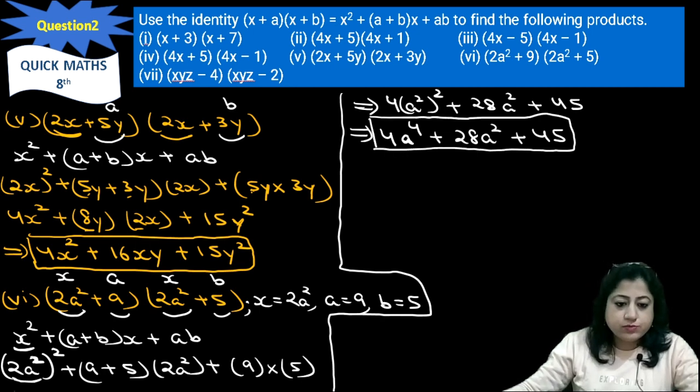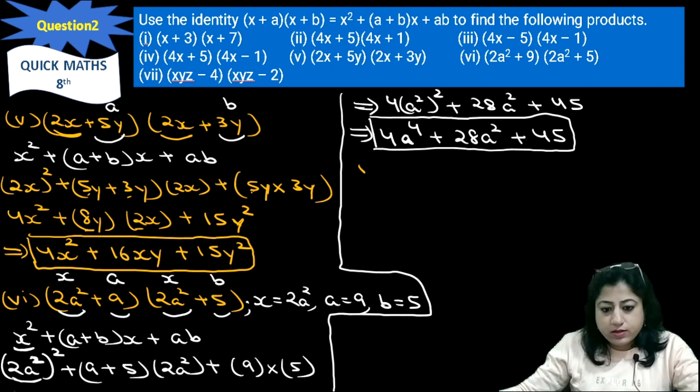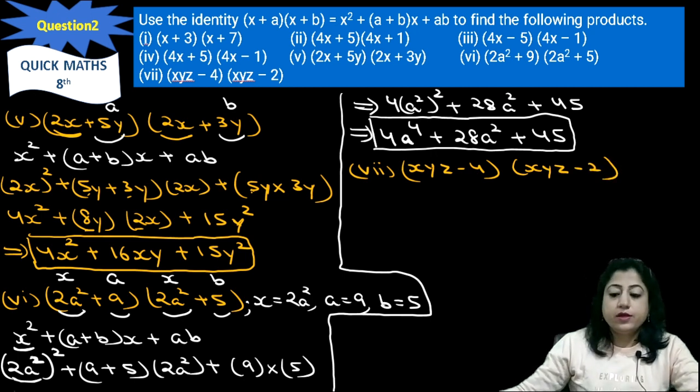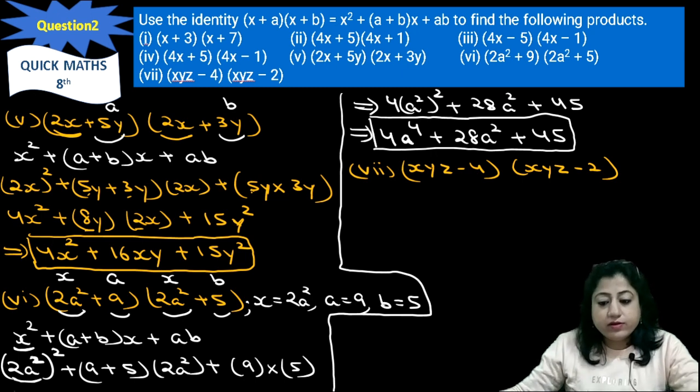Now come to the last part of this question, that is the 7th part. In the 7th part, xyz minus 4 and xyz minus 2. In all these questions, you can have an idea that in the first bracket, the first term is xyz.